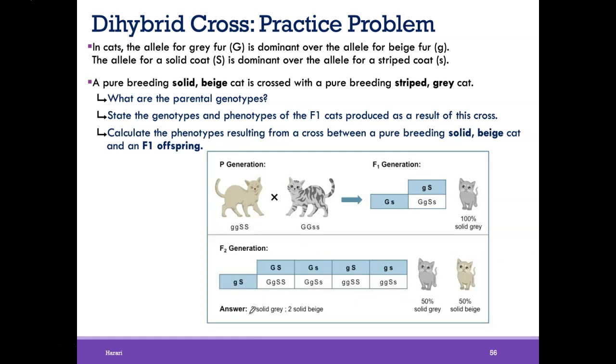The answer is we would get these 4 possible genotypes. Anything that has big S, since everything has at least one big S, means they're all going to be solid. But these little g's will be solid and beige, and these will be solid and gray. So the answer is 50% solid and gray, 50% solid and beige. This is the hardest type of problem you might be asked on an exam.